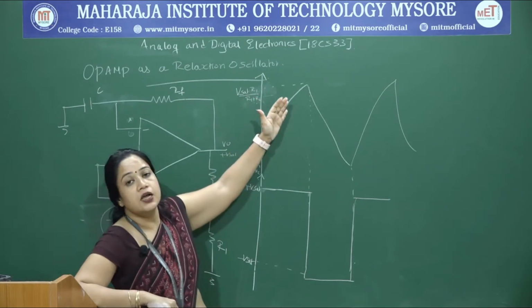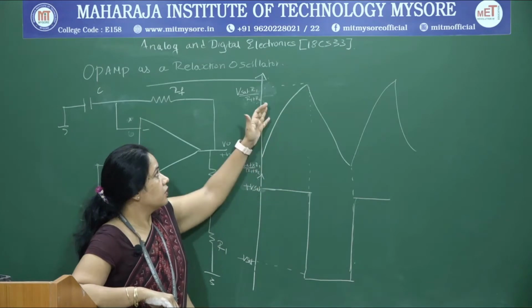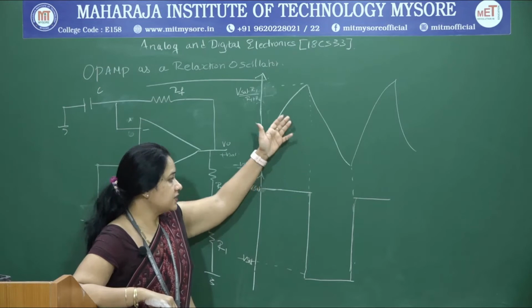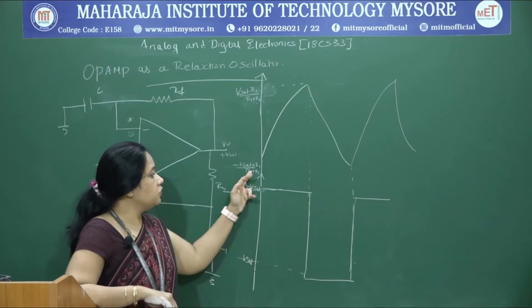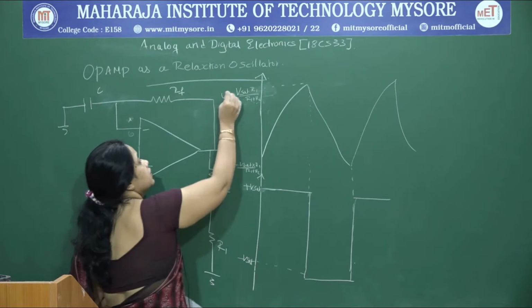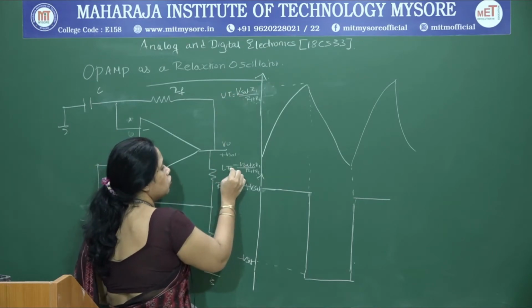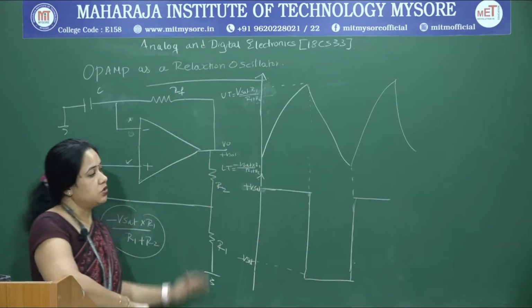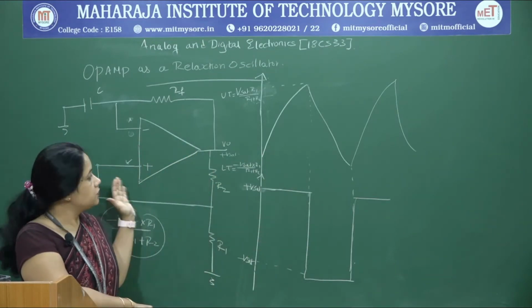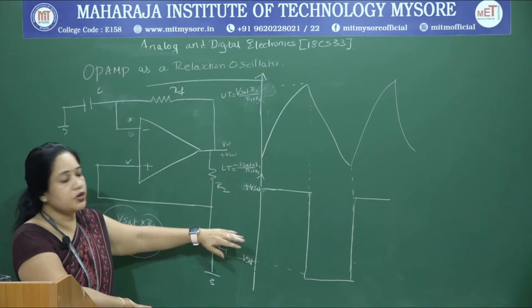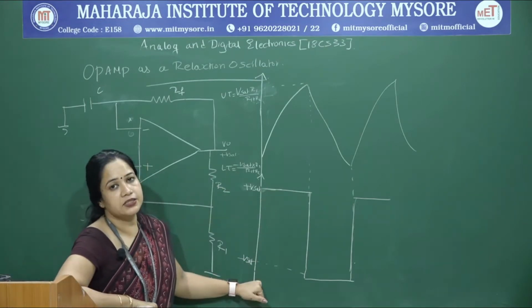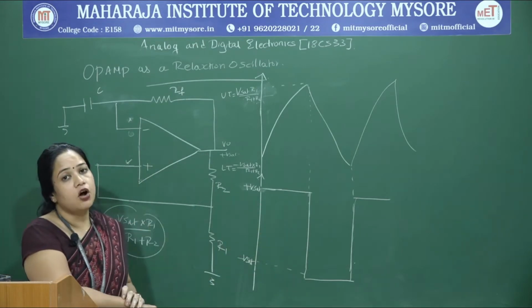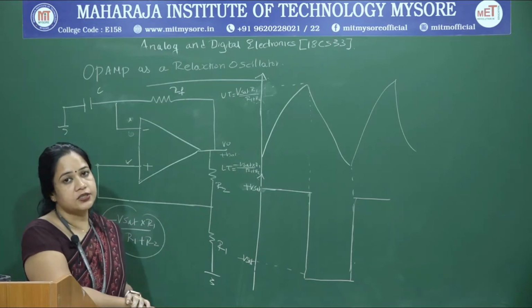When the capacitor charges above the upper threshold point, it switches to negative saturation, and when the capacitor discharges below the lower threshold point, it again switches to positive saturation. This process continues and the output alternates between plus V sat and minus V sat, producing free running oscillations at the output of the relaxation oscillator circuit.